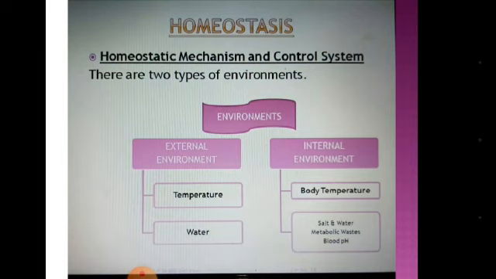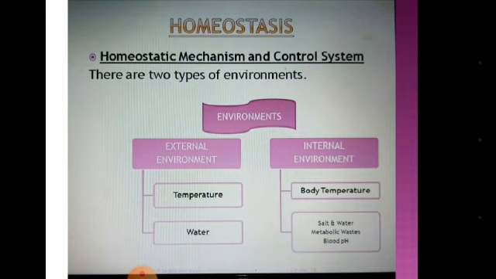Similarly, the internal environment also has some components: body temperature, salts and water concentration, metabolic waste, blood pH, and hormones. If any fluctuation takes place in the external environment, the control system maintains a balance in the internal environment.